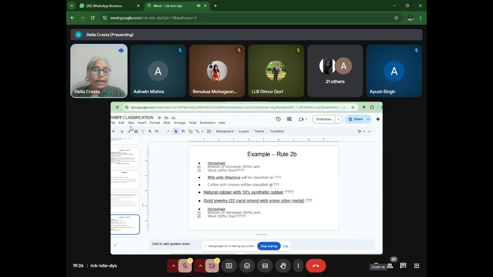Now, when we have such mixtures or combinations, and the ingredients in that product have certain weightage, by weight or percentage or proportion, you are able to establish that product X is 60%, product Y is 40%. So what Rule 2b tells you is the one which has the maximum or major portion, you will have to classify that product under the major portion's classification number.